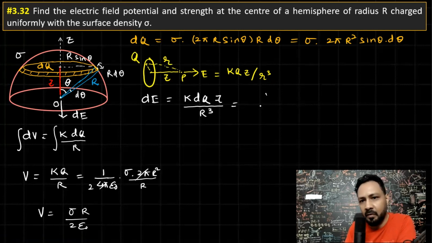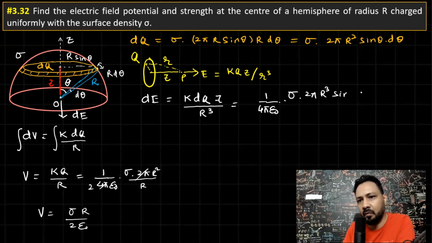Just let me put in the values of all these things. K is 1 over 4 pi epsilon naught. dq we have calculated here. And also, this z is equal to r cos theta. So dq into z will make it sigma 2 pi r square, and there I have to multiply by r cos theta. So 2 pi r cube sin theta cos theta d theta.